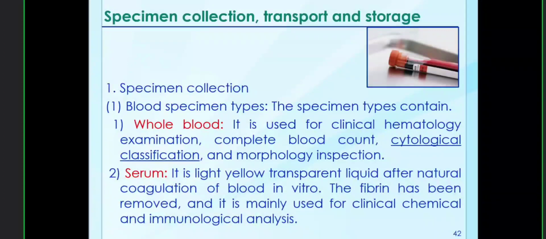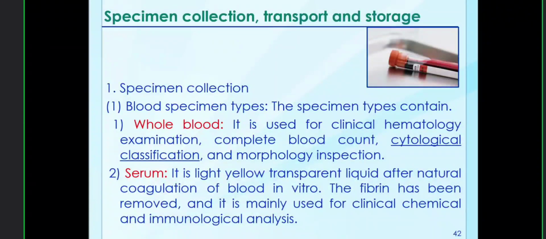It is used for clinical hematology examination, complete blood count. For example, the total number of RBC, the total number of WBC, the total number of platelets, the percentage of the different types of leukocytes, the volume of the RBC, the volume of the platelet, the cytological classification and morphology determination.